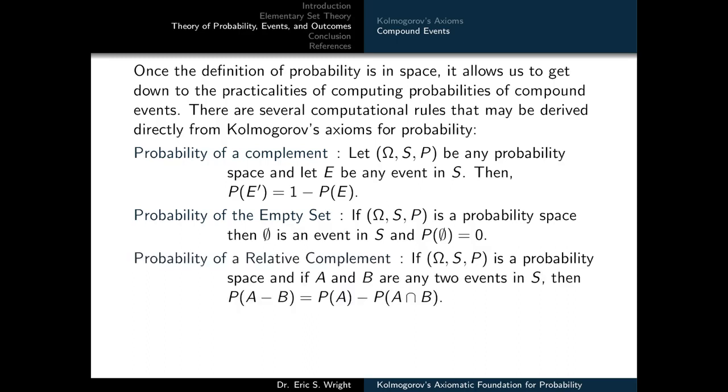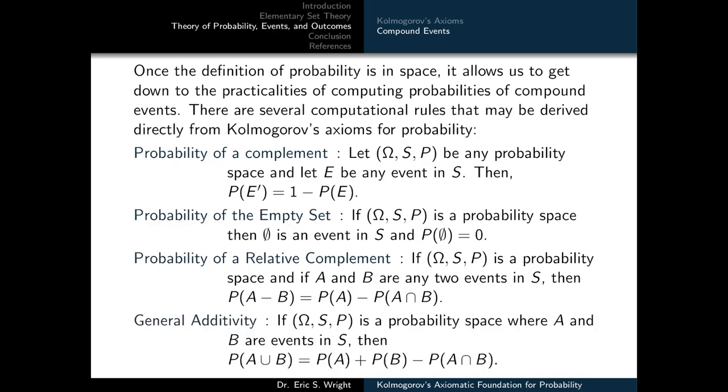It's possible for us to derive the formula for computing the probability of a relative complement. If we have some probability space, and A and B are any two events drawn from the sigma algebra of that space, then the probability of A but not B is just equal to the probability of A minus the probability of the intersection of A and B. We can also derive a formula for the probability of a union.